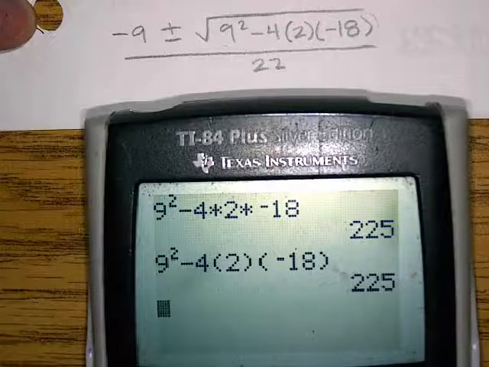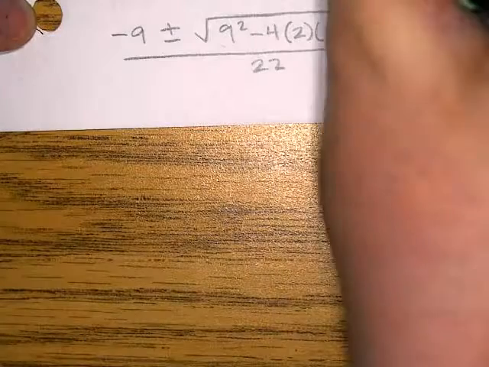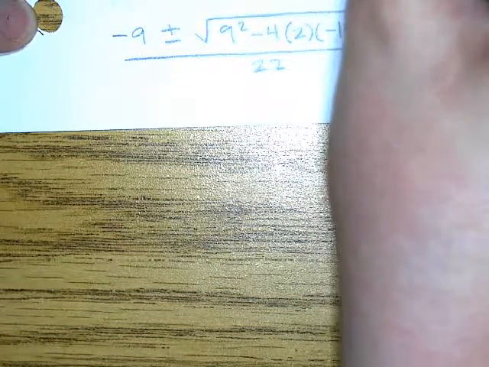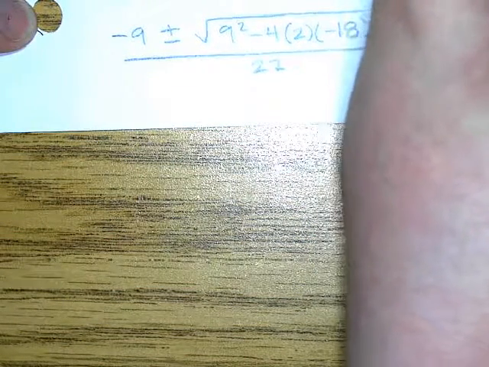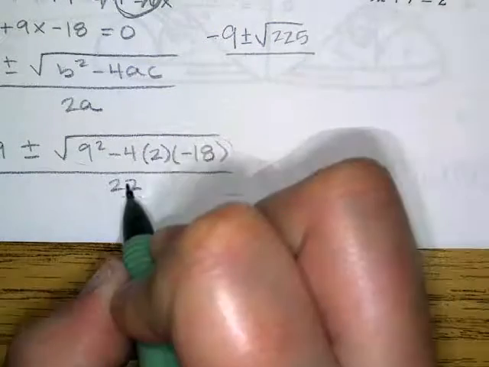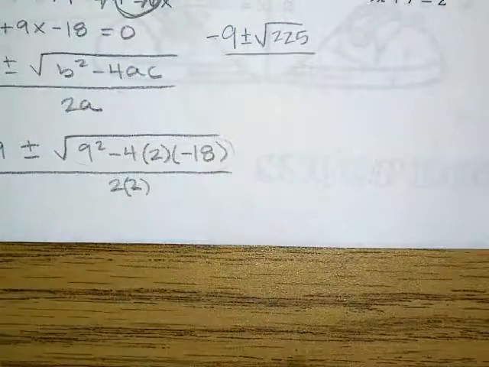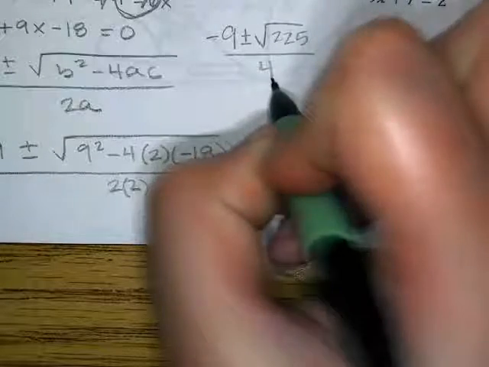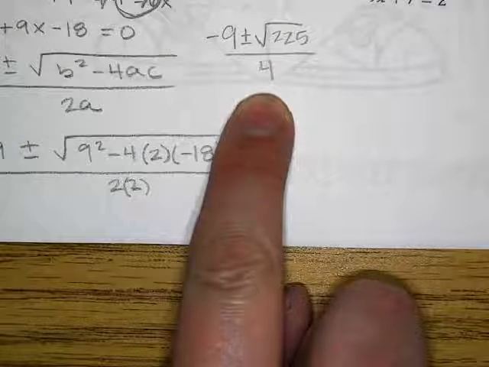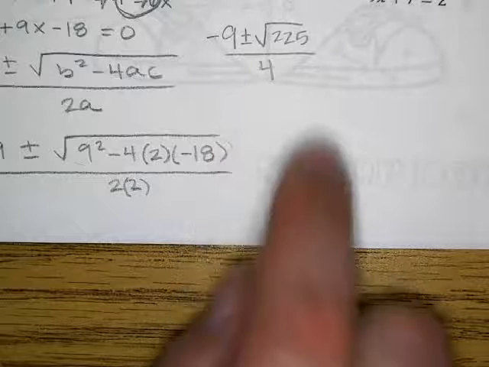Okay, so I've got negative 9 plus or minus the square root of 225, over, I wrote 22 instead of 2 times 2, over 4. Okay, now this part you can easily type into the calculator all at once, and so that's what we're going to do.